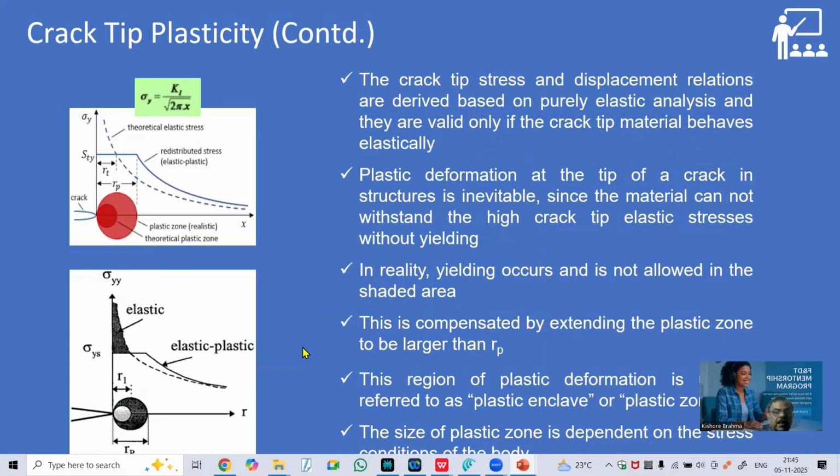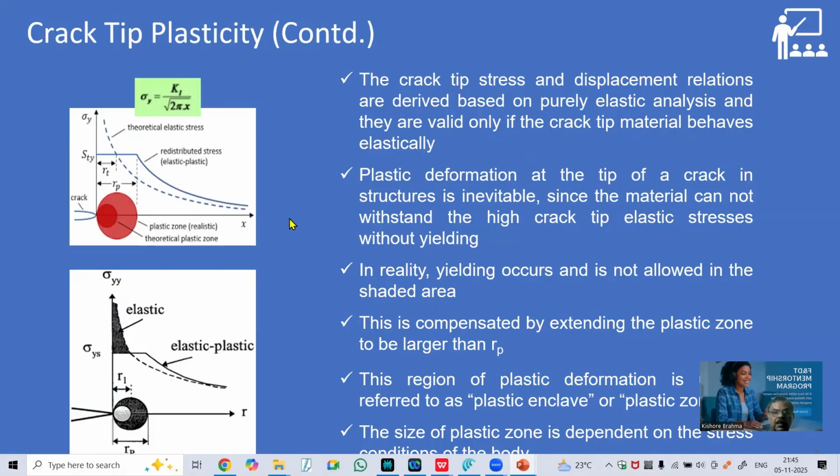What happens is basically the theoretical elastic solution shown by the dotted line. And as stresses go beyond yield stress, they have to get self-equilibrated ahead of the crack tip. So the stresses beyond yield stress will get self-adjusted, and the plastic deformation will go ahead of the original plastic zone size.